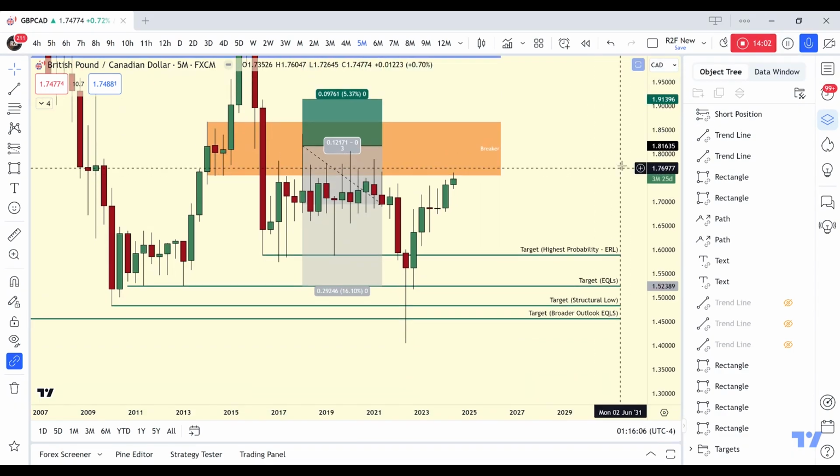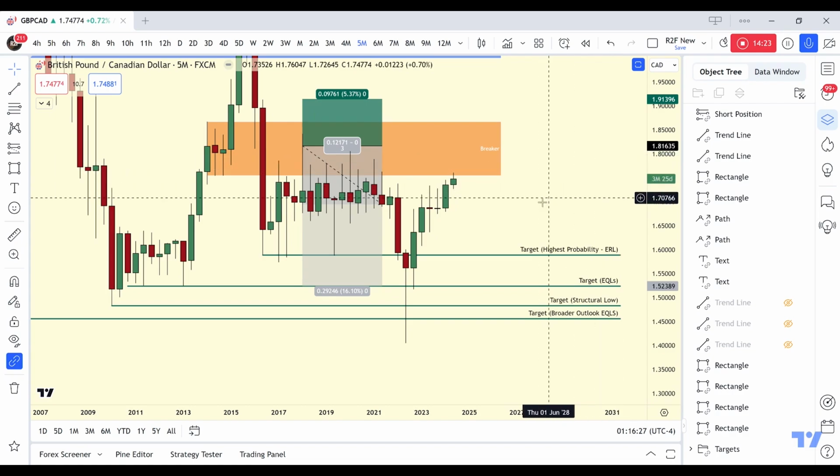Now, bear in mind that you want to have the overall higher time frame narrative order flow in your favor. If it's not, then of course you're going to lose more trades, but that's fine. This all comes with experience.